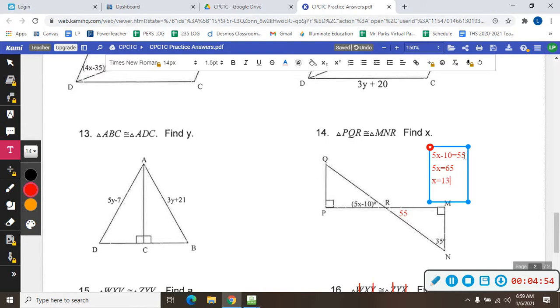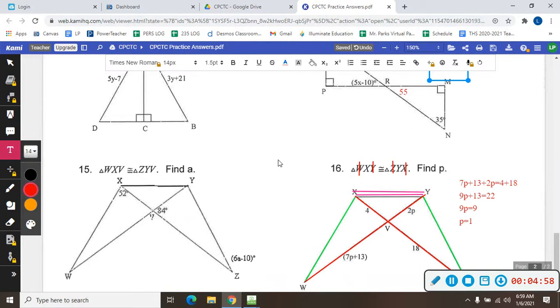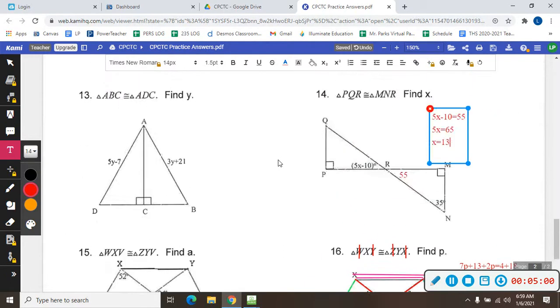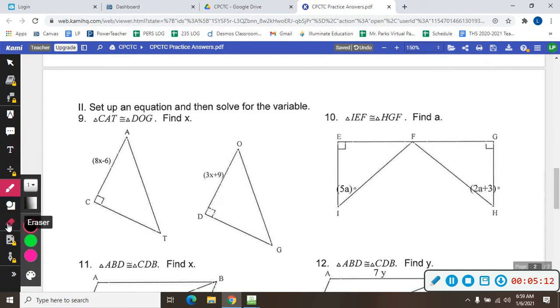Okay, so that's kind of how you set this up. You look at the corresponding angles and the corresponding sides, and you set it up. So like here, I could see, let's see, I could see that based off here that angle I is equal to angle H because they're in the same position.